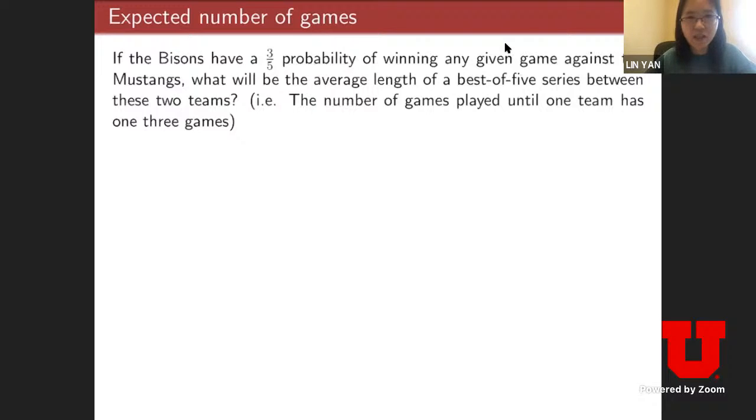Problem 5C. I need to check what 5C is. Okay, I think 5C is a question similar to this one, so maybe you can try this question first.